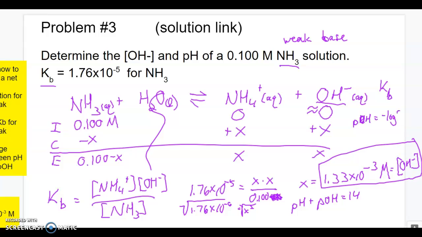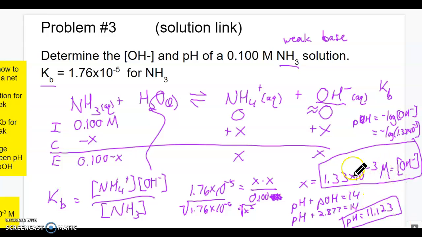It's equal to negative log of the concentration of OH minus, which equals negative log of 1.33 times 10 to the negative third. And when I do that, I get 2.877. So pH plus 2.877 is equal to 14. When I solve for the pH, I get 11.123. So now I have my pH.